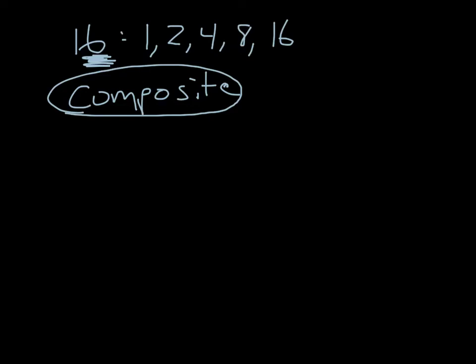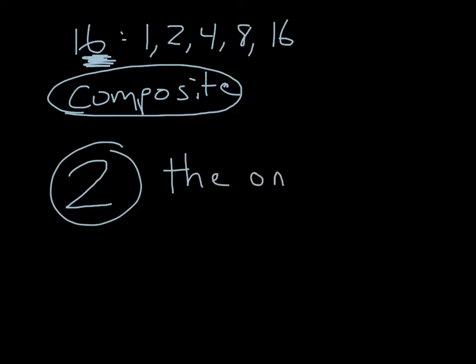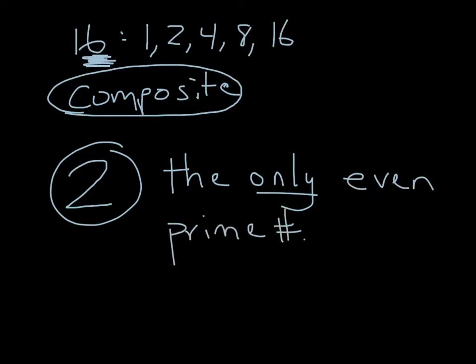The answer is 2. 2 is the only even prime number. Can you figure out why 2 is prime even though it's an even number?